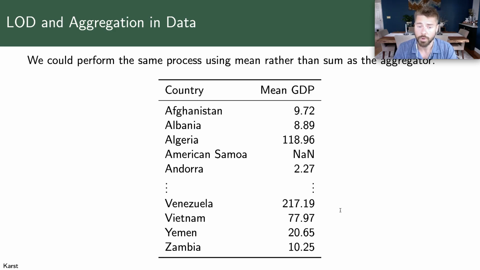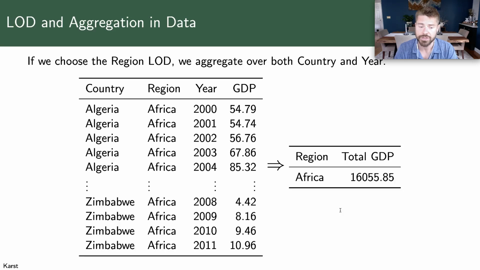I want to point out one more example while we're here, which is a little bit strange. We could also do region. So if we wanted to go from the country year level of detail to the region level of detail, we actually are aggregating out two of the fields. So in this case, if, for instance, I'm going to pick Africa, so I'm looking at the aggregate value for Africa, but that means country is changing all the way from Algeria to Zimbabwe, and then year is changing all the way from 2000 to 2011.